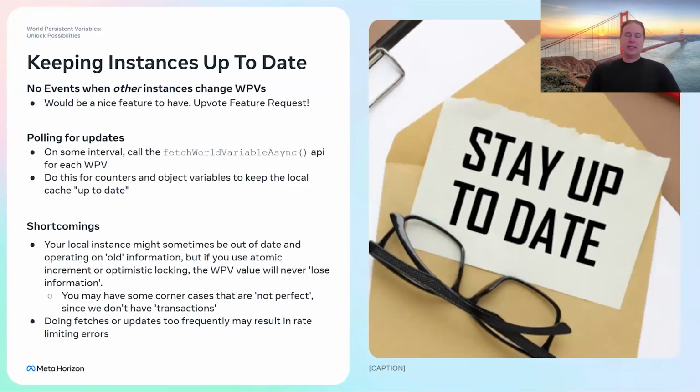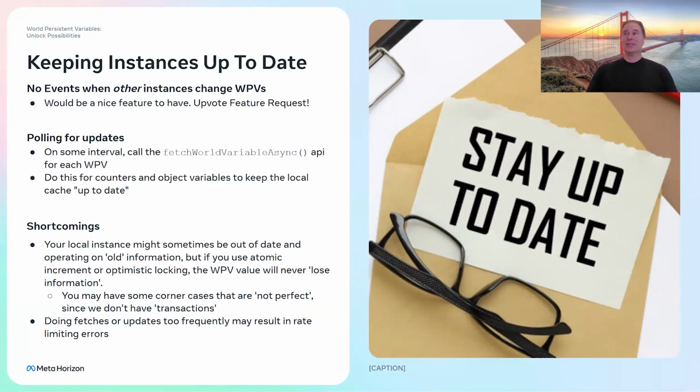So the last topic is, as we saw in the examples for both the increment numeric value and the set object variable async, that sometimes you end up with cases where the different world instances are slightly out of sync. They haven't got the very latest data. There's no event that you can subscribe to find out when that's happened.